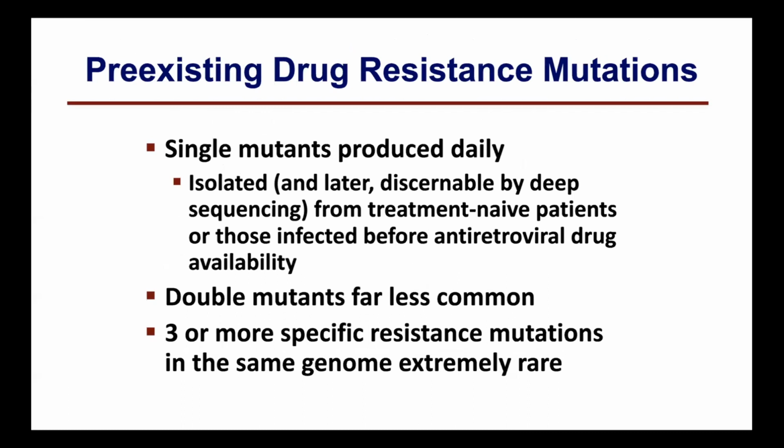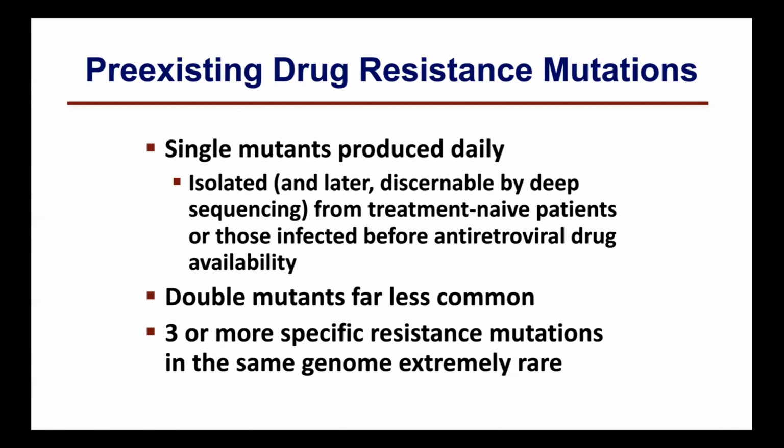So what we have learned is that single mutants are produced daily. They pre-exist, and one can find them in the wild type population even before the virus from an individual has seen drug.